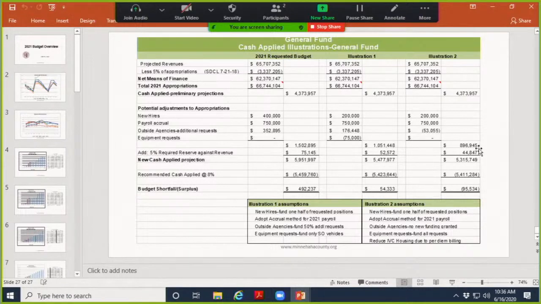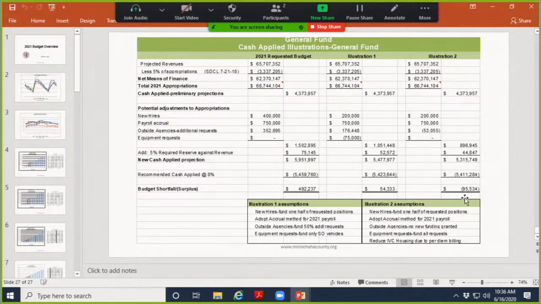We would be adding about $900,000, excuse me, to appropriations. And that results in us being about $95,000 below that targeted cash applied number. So there's some flexibility in any of these illustrations, but it's just to give you an idea of what the impact would be based on your decisions.